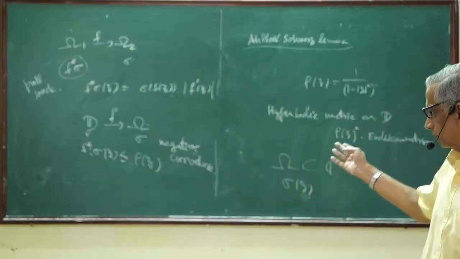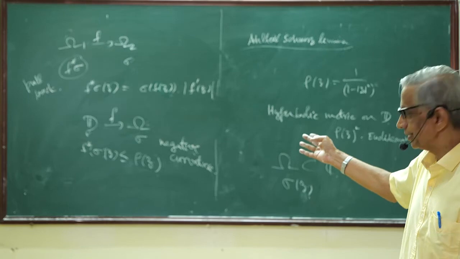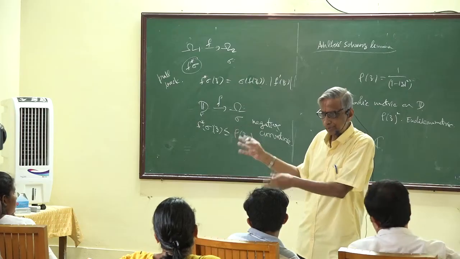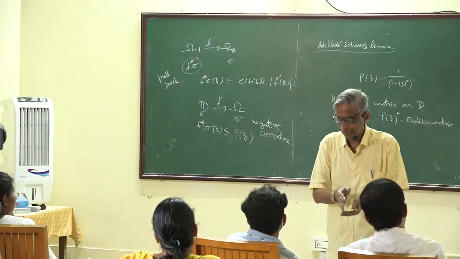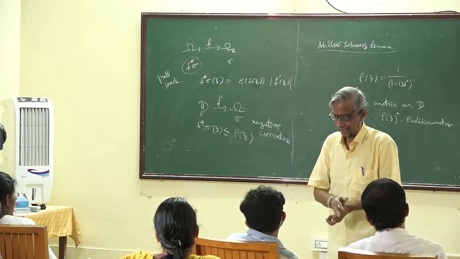So in a sense, the hyperbolic metric dominates every other metric which gives you negative curvature.